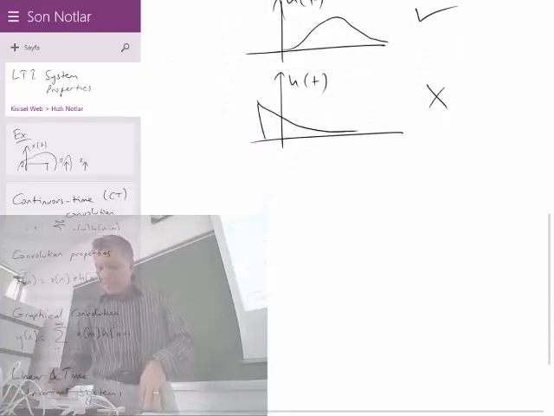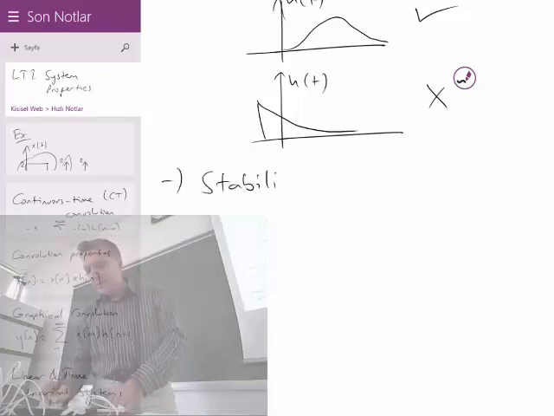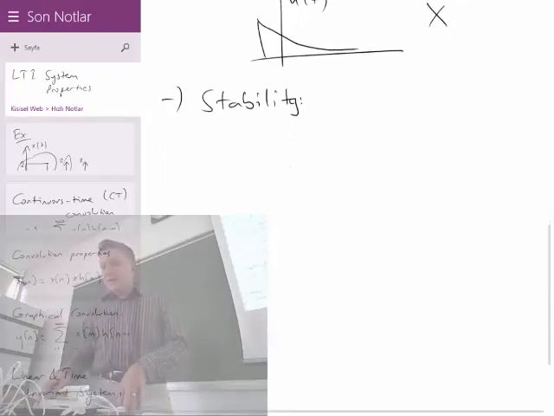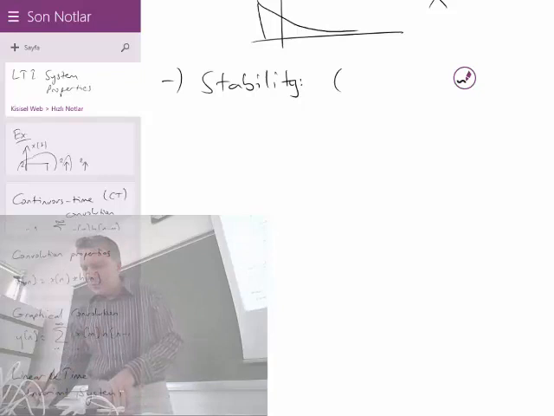Another simple thing is about stability. Previously, I had some ambiguity about describing what systems are stable and what systems are unstable. But now that we have linear and time invariant systems, we have impulse responses, and just by inspecting the impulse response, I'll be able to say whether the system is bounded input, bounded output stable or not.